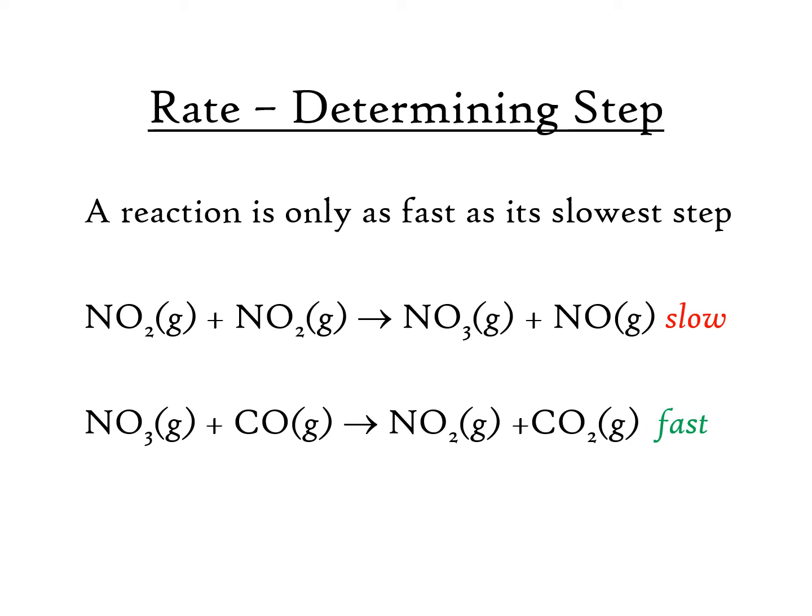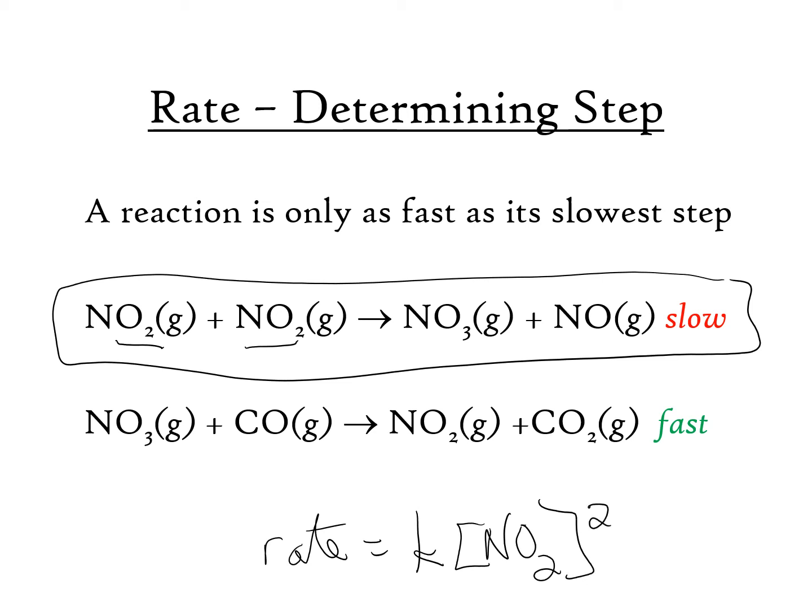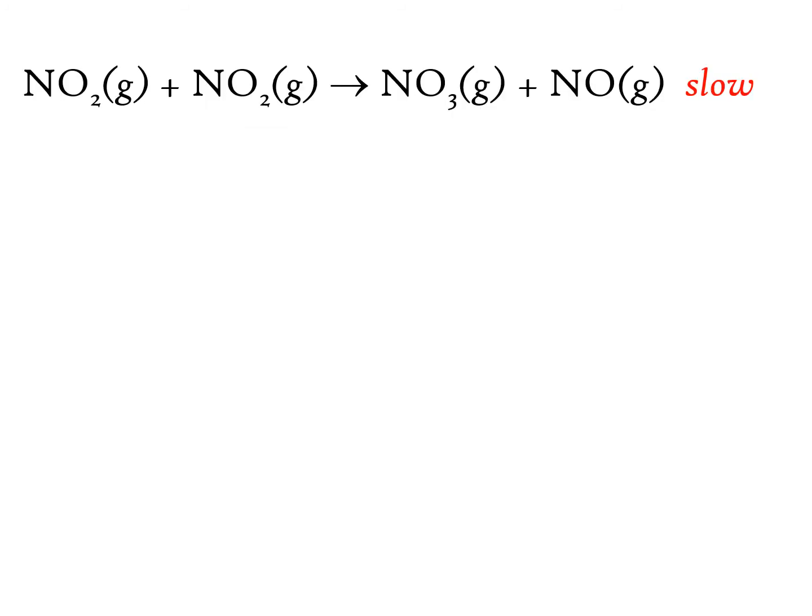So the rate determining step is where we use that molecularity to determine the rate law. So if we use this one, we have rate is equal to k, and we can use molecularity, so we can say NO2 to the second power, which is the rate law. So this verifies that our reaction mechanism is viable.